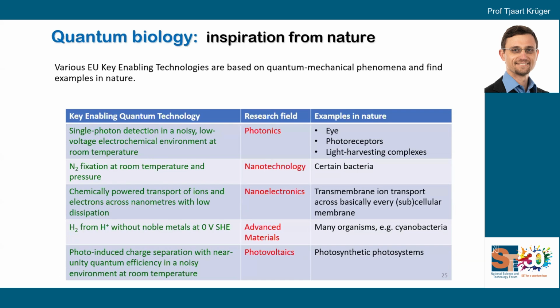So in other words, mankind is desperately seeking technological solutions which already exist in nature for many of these technologies. And here are a few examples from the fields of photonics, nanotechnology, nanoelectronics, advanced materials, and photovoltaics. And here are examples that I've shown during this talk: light harvesting complexes, photosynthetic systems, how they are exemplary systems for some of the technologies that we wish to develop.